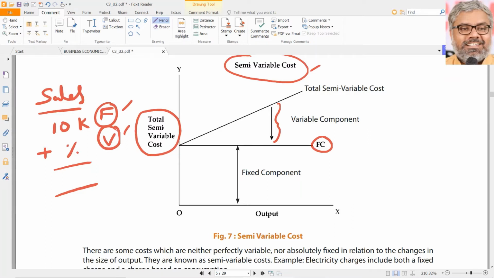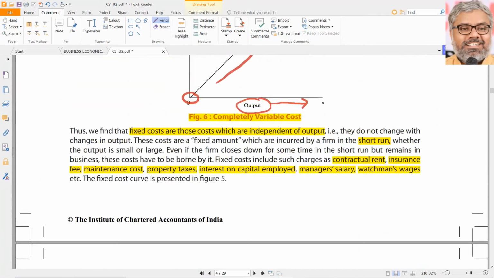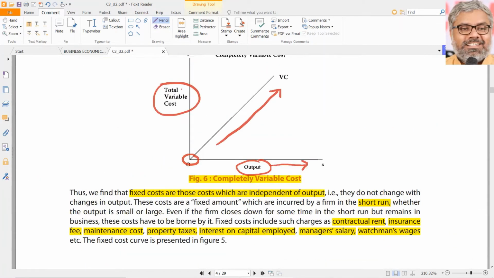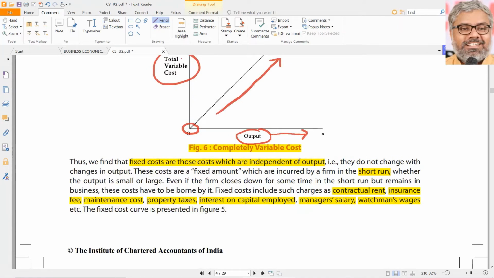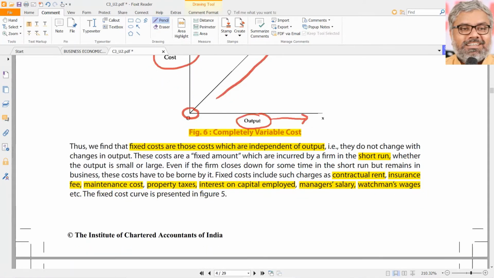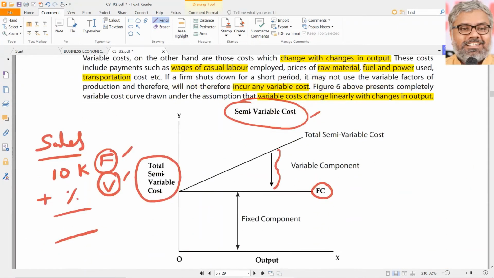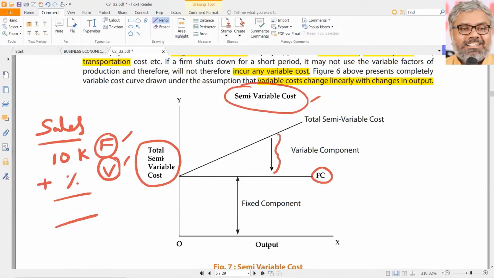But if you observe the difference between a normal variable cost curve and total semi-variable cost curve, in case of a normal total variable cost curve, the variable cost starts from 0 because nothing is fixed there. Entirely it was variable. But here, this semi-variable cost will not start from 0.